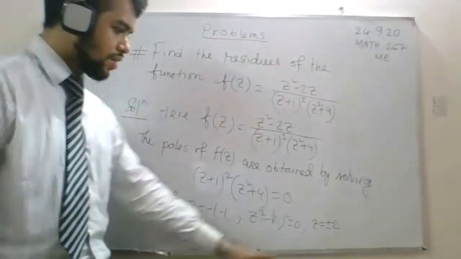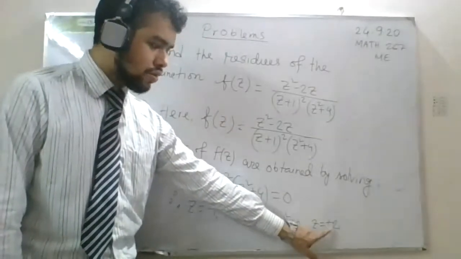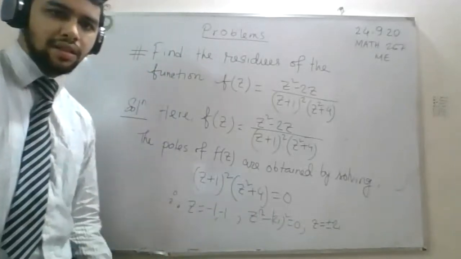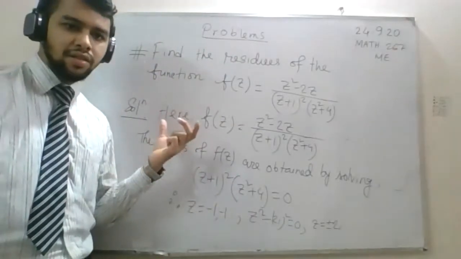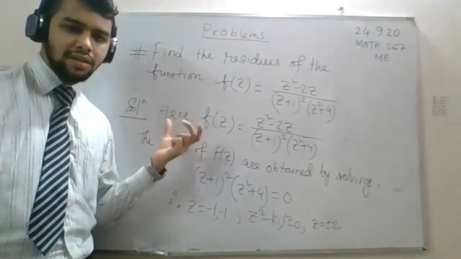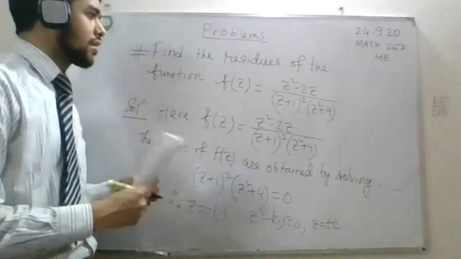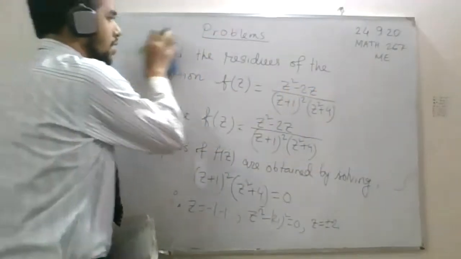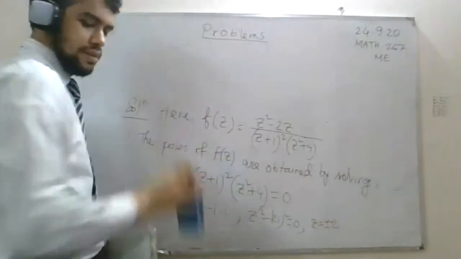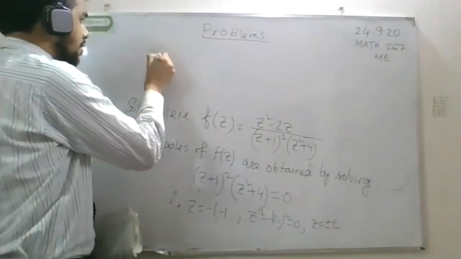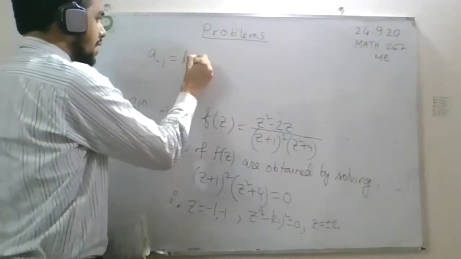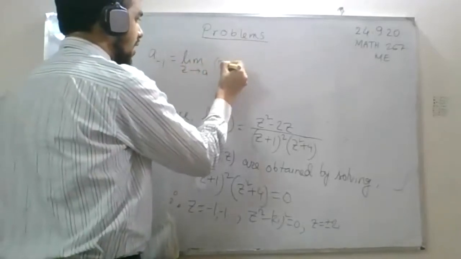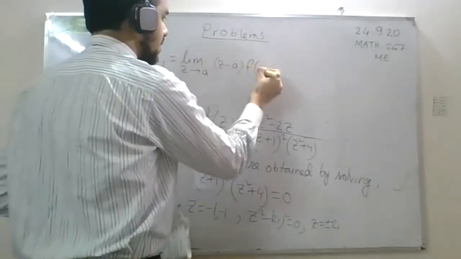So for z = 2i and z = −2i, you can use the residue formula, the simple pole formula, which is a₋₁ = limit z tends to a of (z − a) f(z).